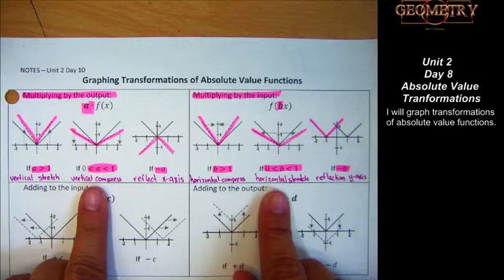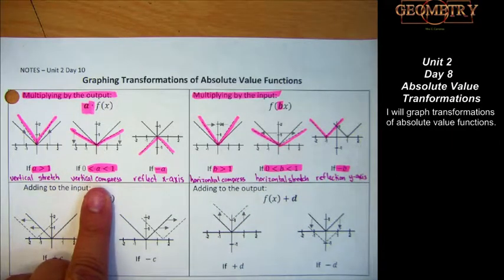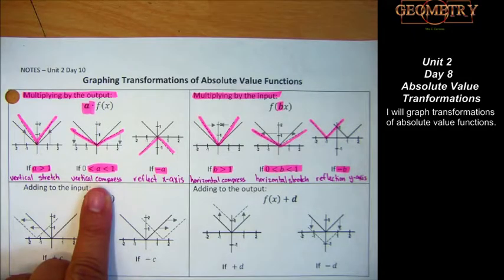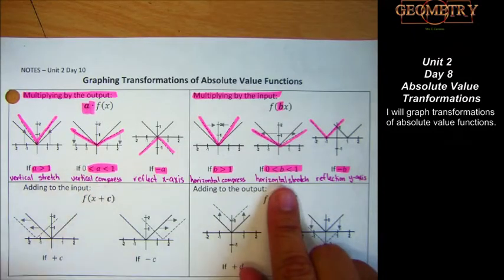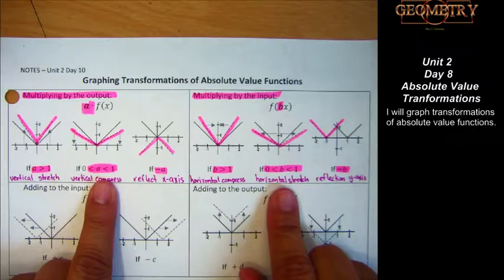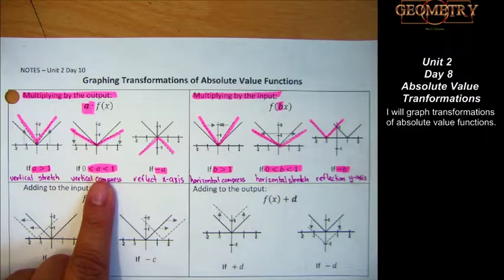Great question. So we're looking at these 2. Why is this one a squish down, a vertical compression, and this one a stretch? They look like they're doing the exact same thing. In essence, they are doing the exact same thing to the function, but this one is looking at what's happening to the y.